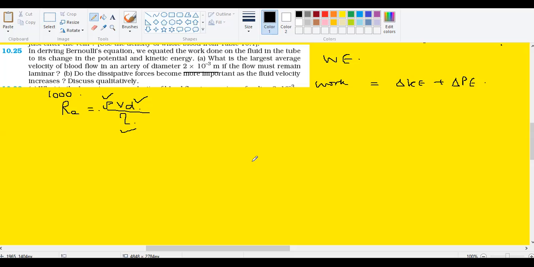So when it is laminar flow, flowing nice and smooth, the heat losses will be very low. Whereas when it is turbulent, obviously there will be more fluid friction, which means you'll be losing more heat energy. So the answer is yes. Do the dissipative forces become more important? Yes.